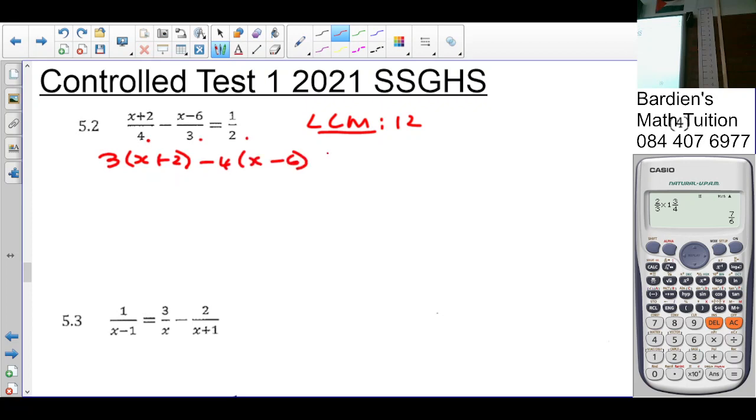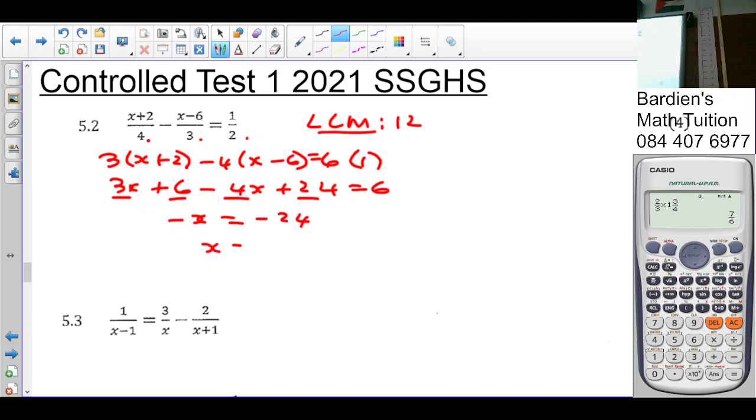Times this by 6. So that's going to give us 3x plus 6 minus 4x plus 24 is equal to 6. X is one side, numbers are the other side since it's linear. So negative x equal to that is 30. 6 minus 30 is negative 24. Divide by negative 1 both sides. So x is going to be 20. So that's correct?